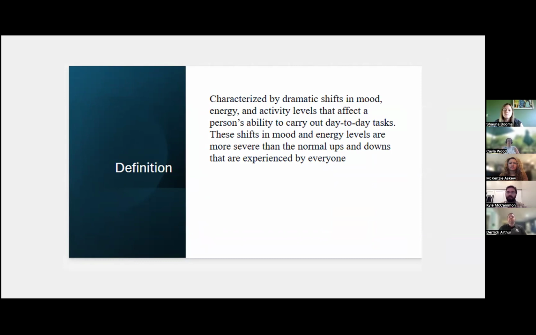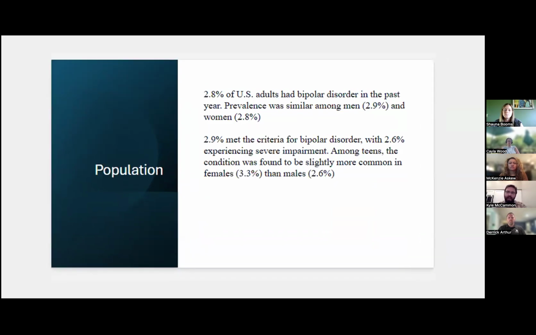Also, mood and energy levels are more severe than the normal ups and downs that are experienced by everybody. A cultural consideration for that is that what is socially acceptable can vary from culture to culture. So you can often get, for instance, African American or Hispanic individuals misdiagnosed with bipolar. So, moving on to population.